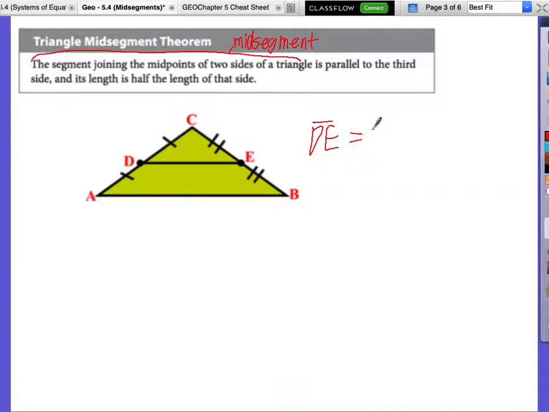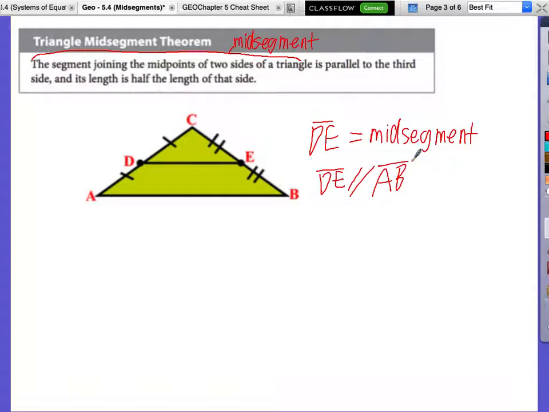Okay, so let's write segment DE is our midsegment, just so we know. We're going to work on identifying that. Now this theorem is saying that since it joins the midpoints of two sides, it's parallel to the third side. What's the side that segment DE doesn't touch? AB. So what we're saying is that segment DE is parallel to segment AB.